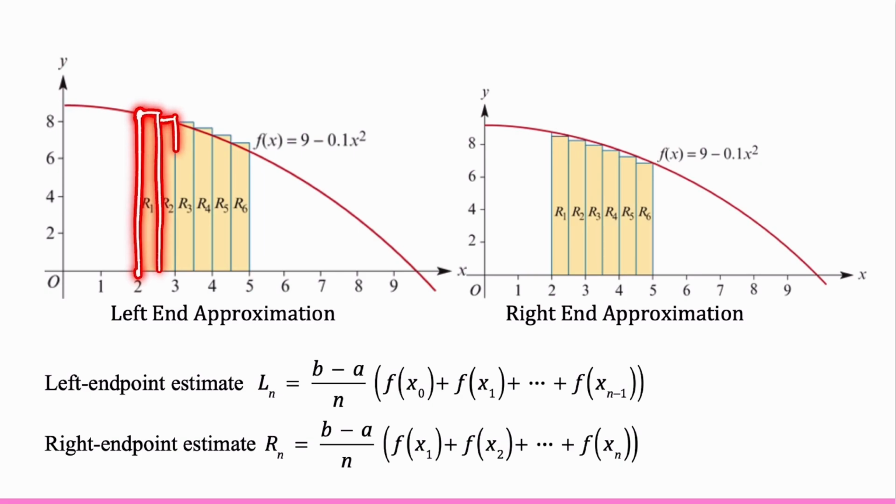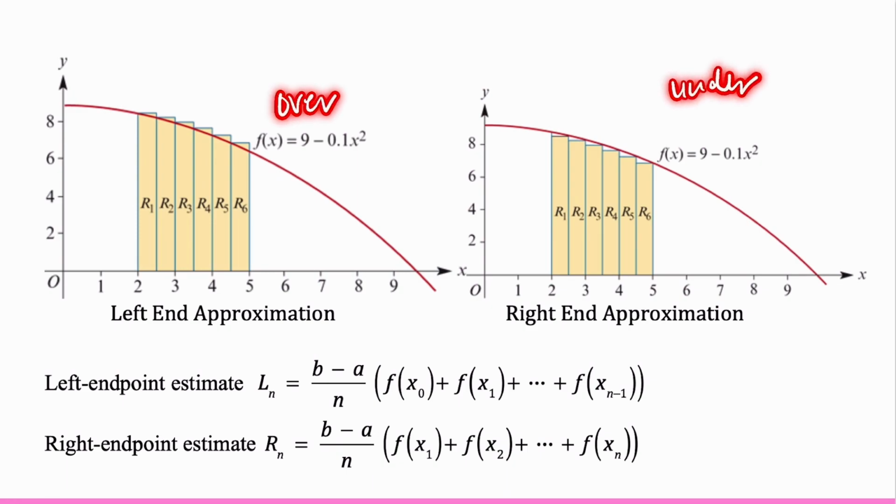And all we do is we continue drawing all of these little rectangles, until we're able to find the area of each of them and then add them all up. The right endpoint, as you can see, my x value becomes the right-hand side of that rectangle, and same idea. It's not always an over or underestimate. That very much depends on the actual shape of the graph.